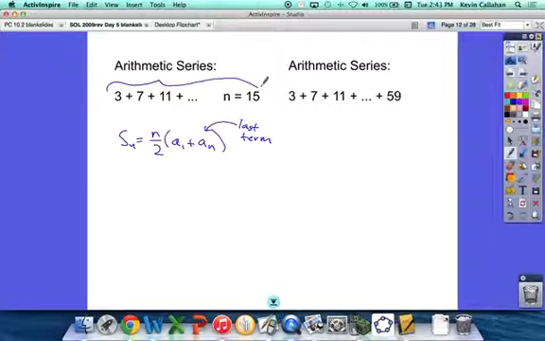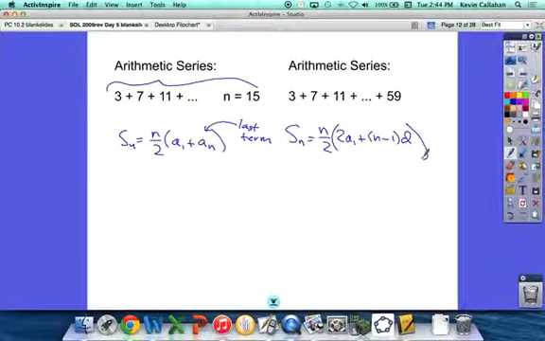You either use the formula for A sub n, the one we just used on the last example, or you've got another formula at the bottom, which you don't need the last term for. All you need is d. You could tell the d anyway, so that's actually a pretty easy fix. Just use this formula: Sn equals n over 2 times 2a1 plus n minus 1 times d.